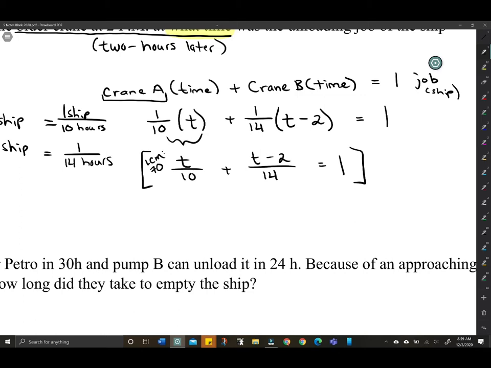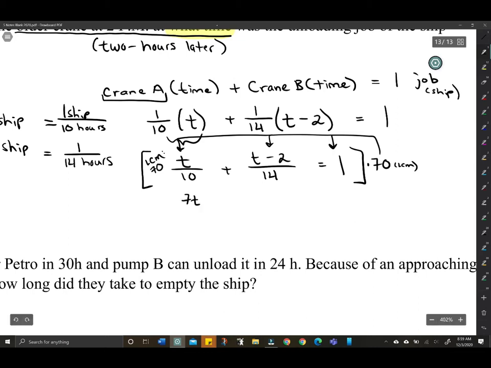we can go ahead and solve this. So times 70, which is the least common multiple, and I'm going to distribute that to absolutely everything inside here. So 70 over 10 is just going to be 7t plus 70 over 14 is really going to be 5.